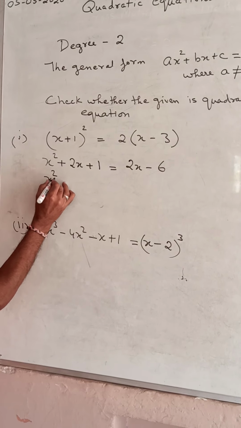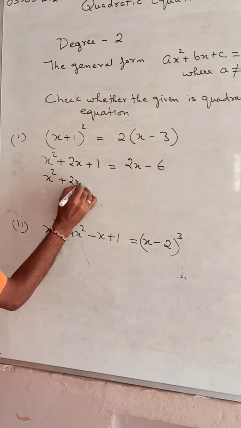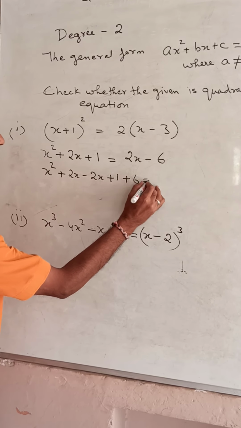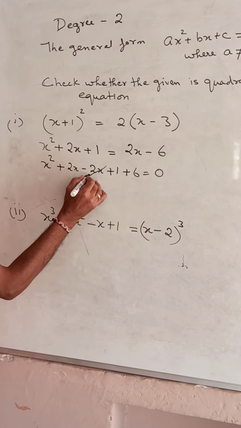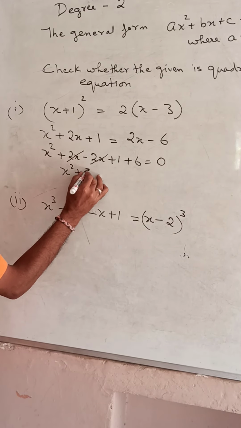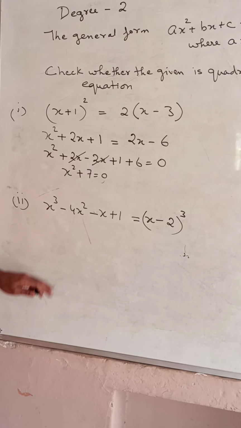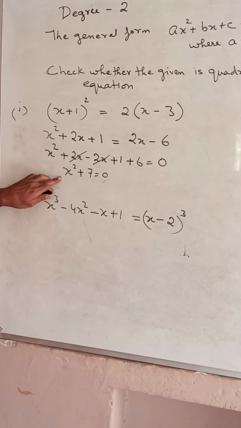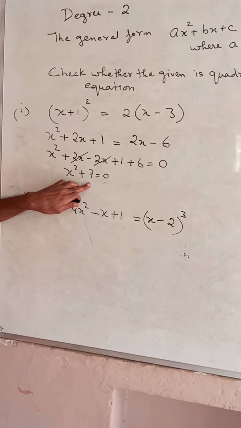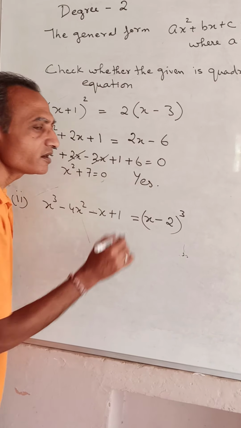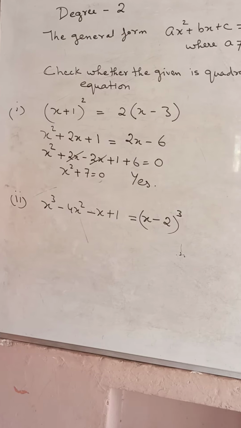I get x squared plus 2x minus 2x plus 1 plus 6 equals to 0. Minus 2x and plus 2x cancels out. I get x squared plus 7 equals to 0. Children, see, it is obeying ax square plus bx plus c equals to 0. Therefore, my answer is yes, it is a quadratic equation.